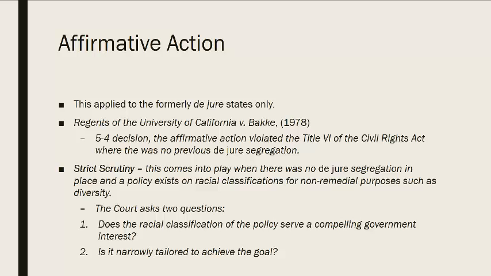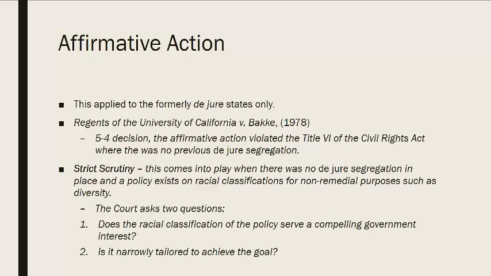The Regents of the University of California versus Bakke case, 1978, in a 5-4 decision stated that affirmative action violated Title VI of the Civil Rights Act where there was no previous de jure segregation. And so we see a blow to affirmative action. Affirmative action, the idea of racial quotas, in other words.